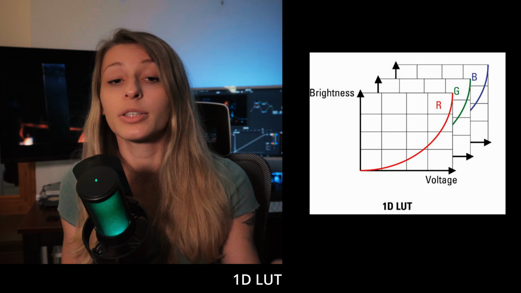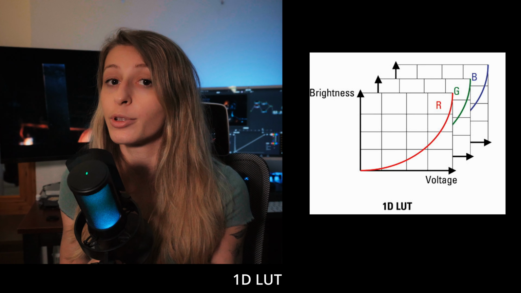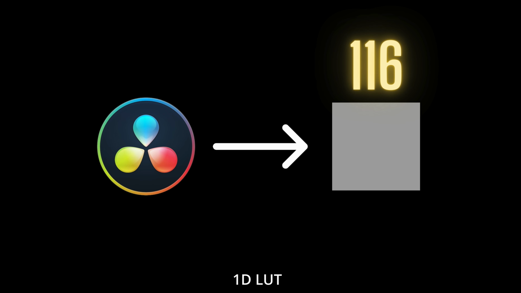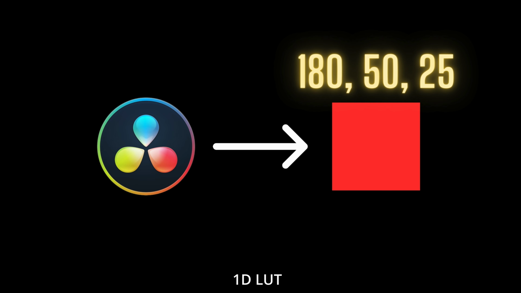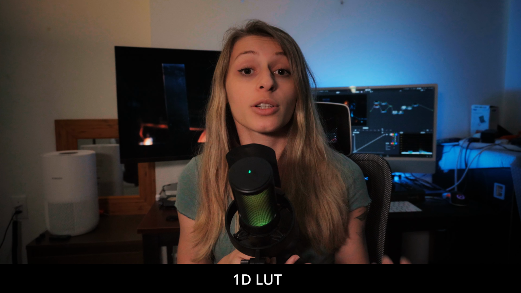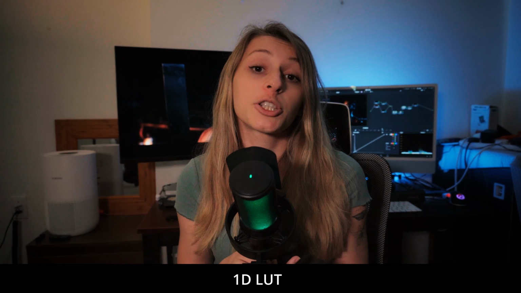Red against one column, green against one column, blue against one column. So DaVinci or other software would just take the pixel, identify its luminance value, then look up the value on the LUT, find out what the corresponding value is, and then change the pixel value. This process repeats for each RGB channel and each pixel.